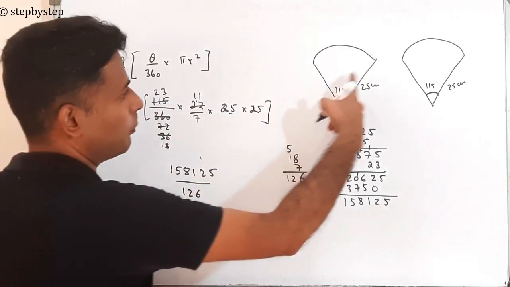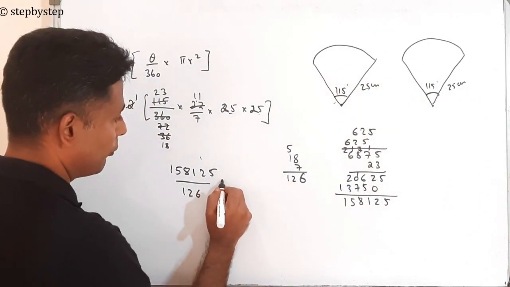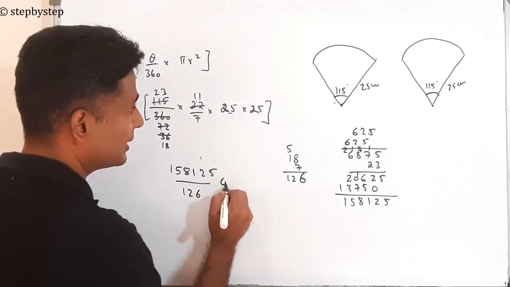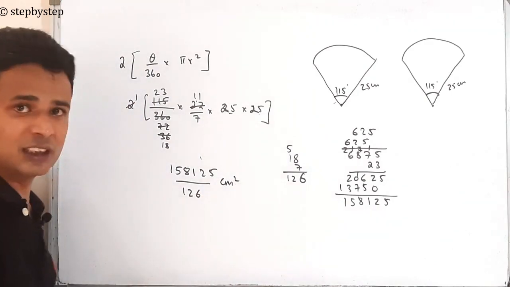So the area swept by both wipers together is 158125 by 126 centimeter square.